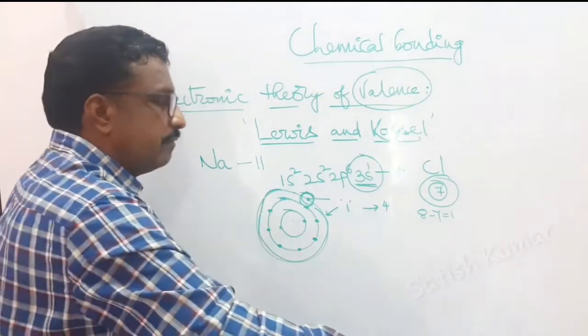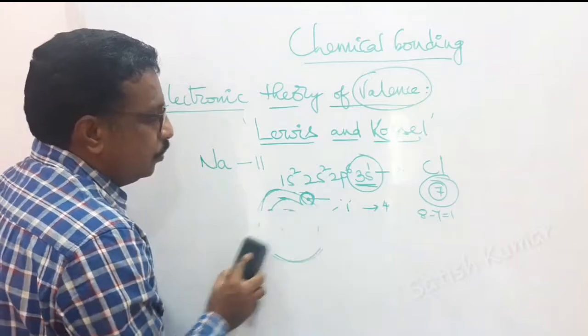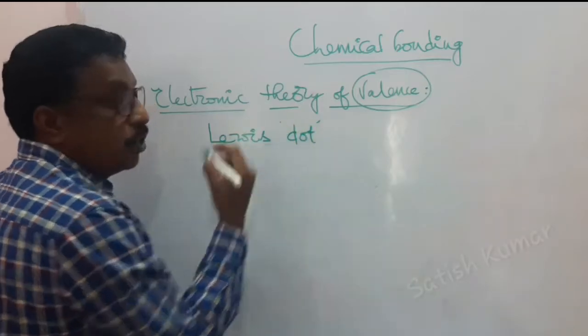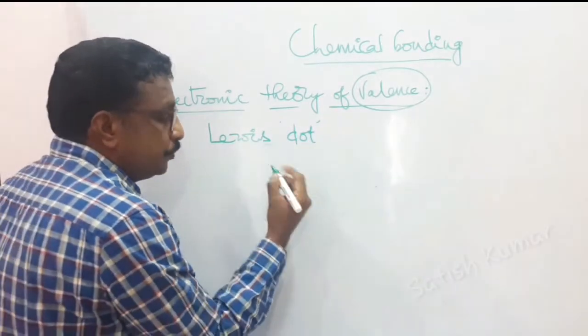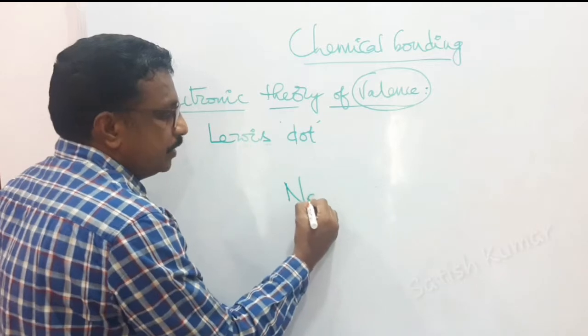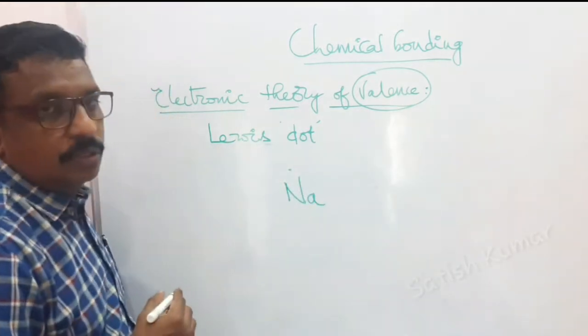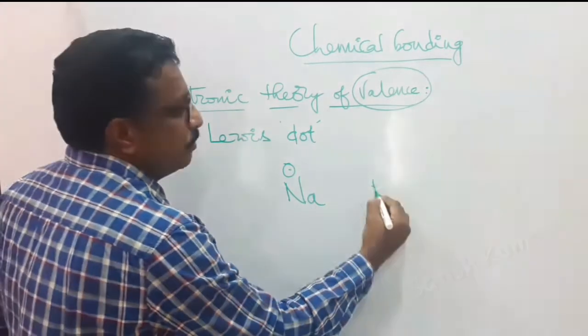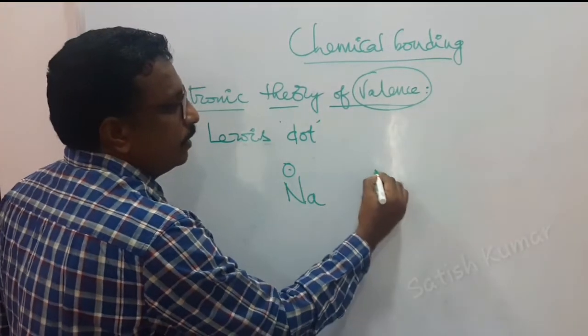So to represent the valence electrons, Lewis gave the Lewis dot structure. Lewis dot. దీంట్లో ఏంటంటే in this, if sodium is there, you have to represent sodium like this. So the outermost electron, right? If magnesium is there, you have to represent like this.